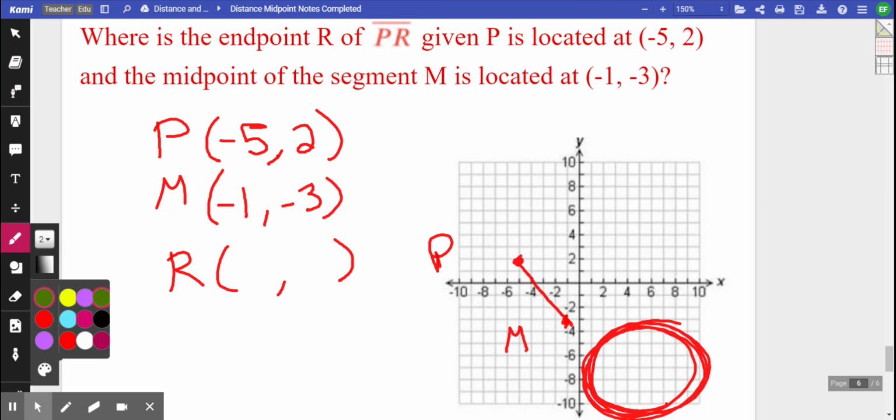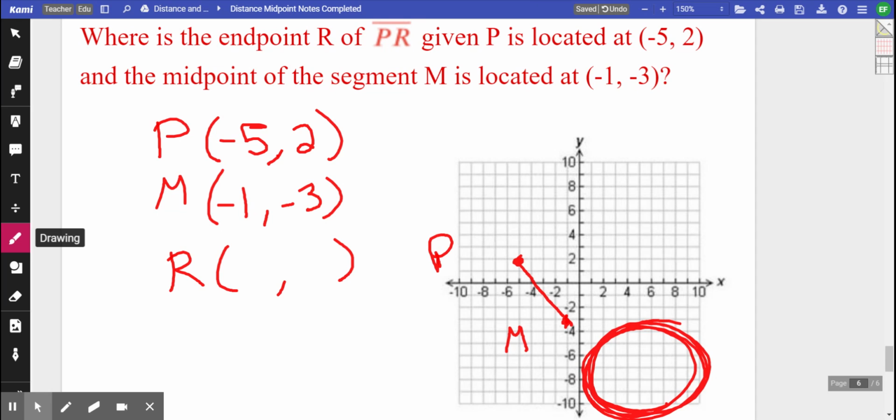If we look at just the x values, to get from P to M, we had to add 4. So if we add 4 again, from M to R, if we add 4 to -1, we get 3.